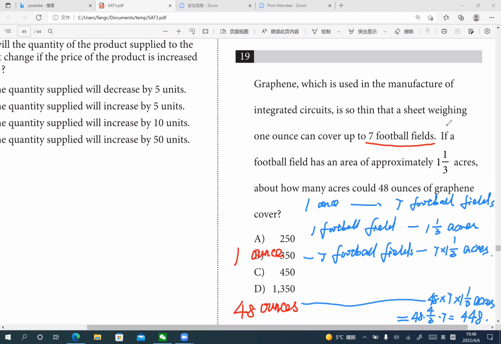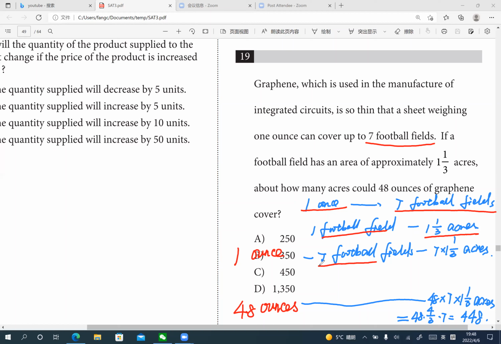If a football field has an area of approximately 1 1/3 acres, about how many acres could 48 ounces of graphene cover? So 1 ounce of graphene can cover 7 football fields, and 1 football field is 1 1/3 acres.